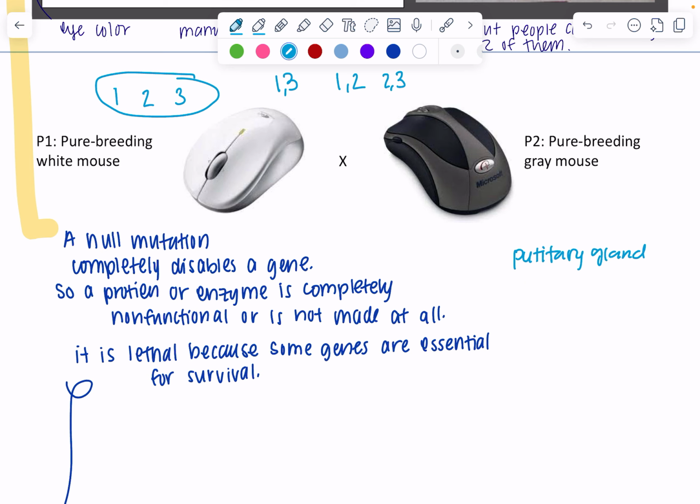I know it has a name, but I can't think of it right now. If the gene turns off for this, it's dead. If the gene turns off for this, it's okay, as long as it still codes for the pituitary gland. So that's sort of what a null mutation is describing. It's describing something that completely disables the gene and makes it completely non-functional.